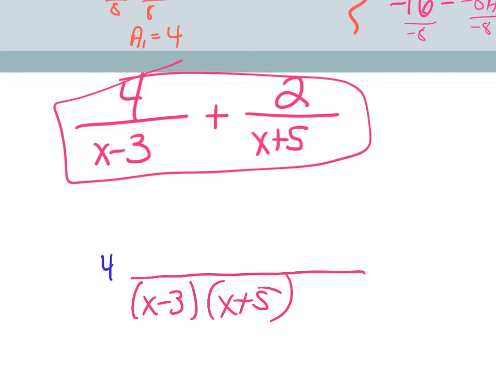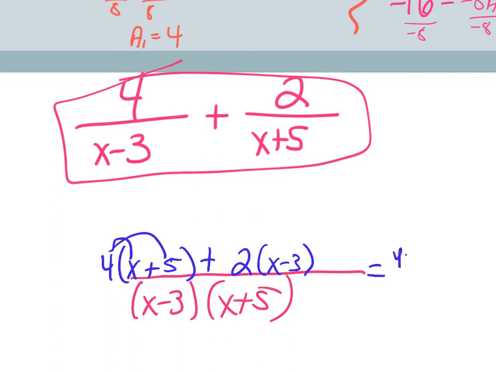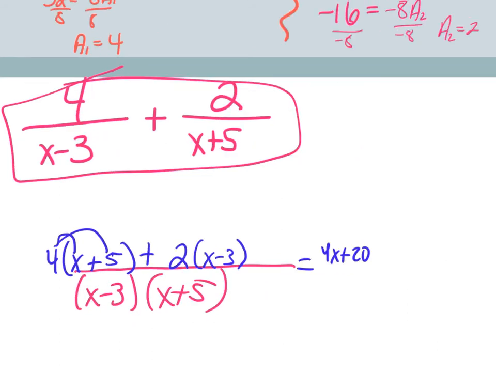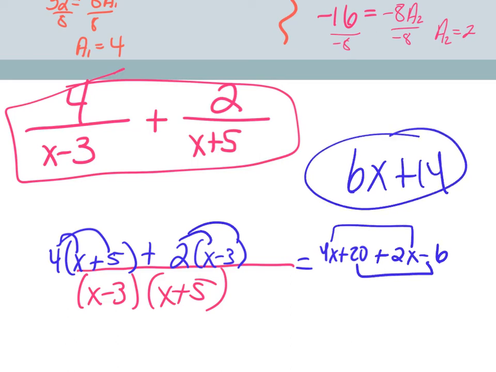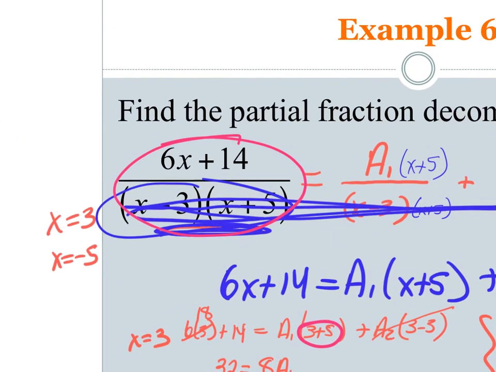So if I had 4 times x plus 5, plus my second fraction has the x plus 5, what's it missing? The x minus 3. So if we simplify this, I have 4x plus 20 plus 2x minus 6. What's 4x and 2x? What's 20 and negative 6? Is that what we started off with? Yeah.